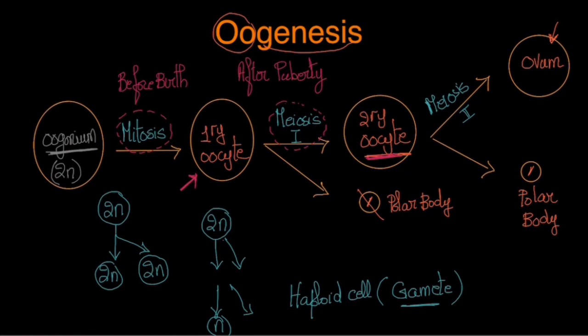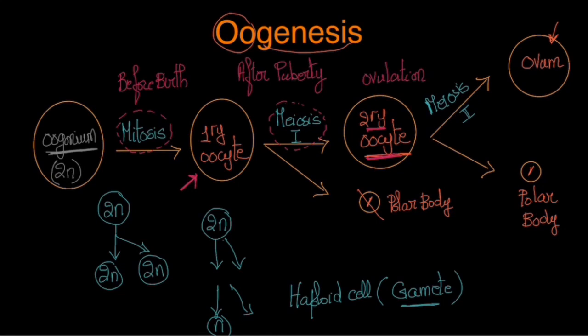Only one every month will be produced. And this is a type of egg that will be released by ovulation. So if the egg is gonna be ovulated, it's gonna complete meiosis 1, resulting in the formation of a secondary oocyte.